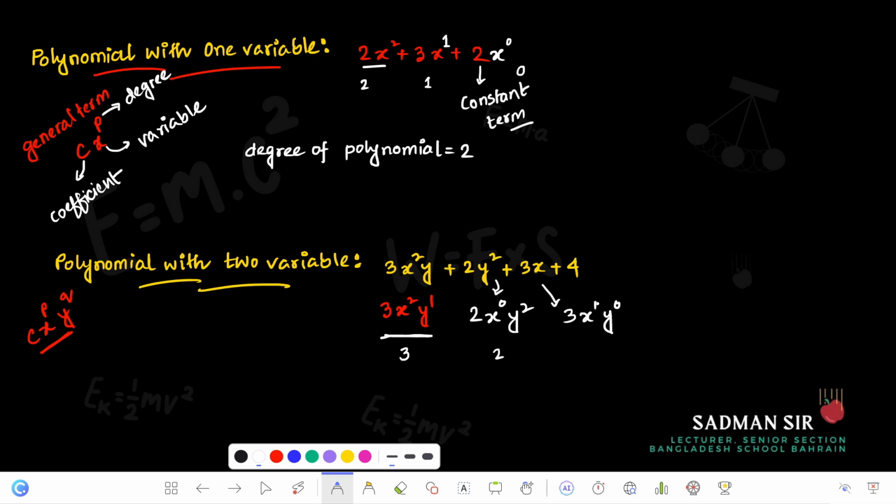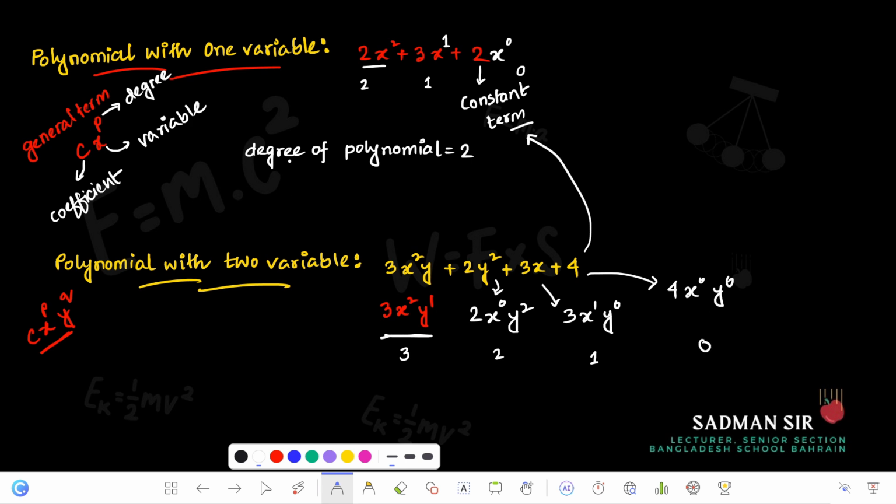So here the degree is 1 plus 0, which is 1. And 4 can be written as 4 into x to the power 0, y to the power 0. As there is no variable with this one, you can easily understand that this is the constant term. And the degree of this term will be 0 plus 0, which is 0, correct?